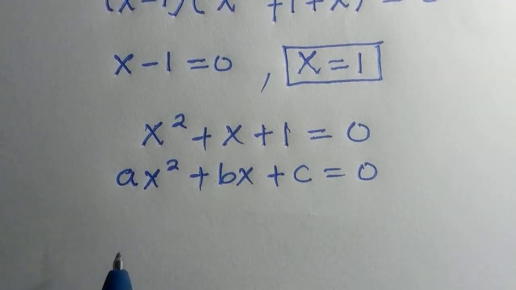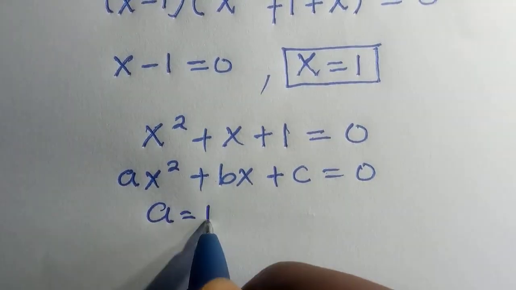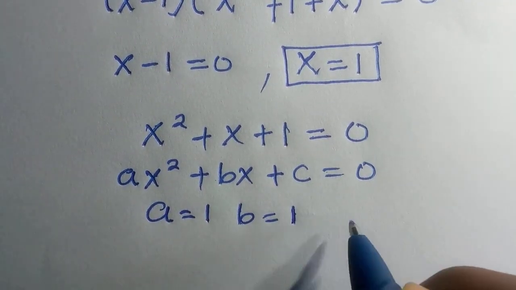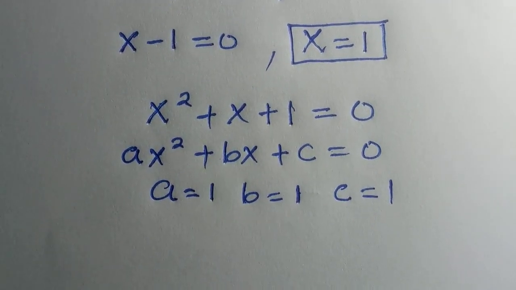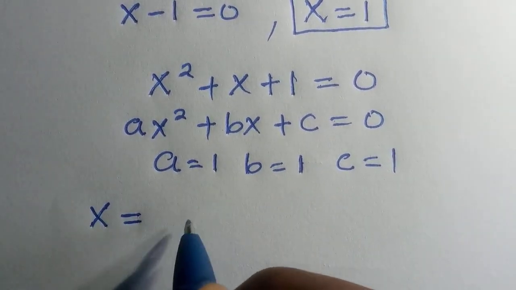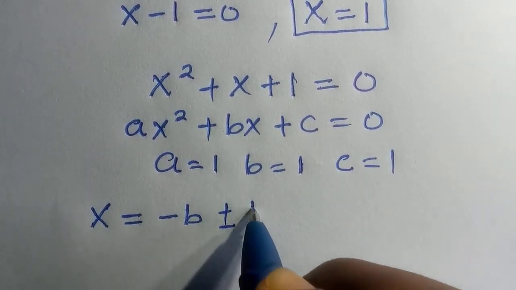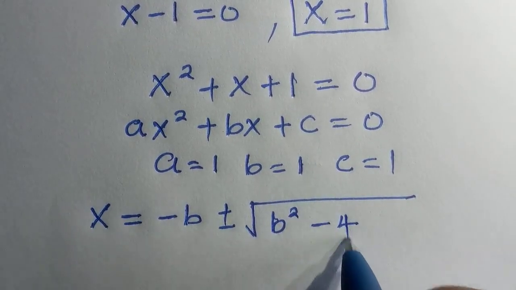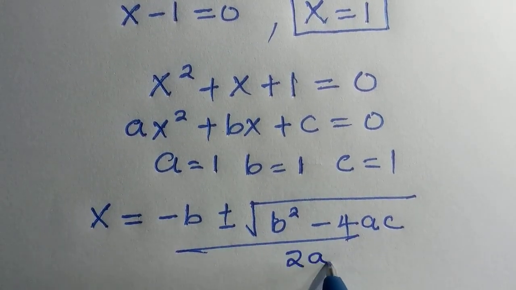The coefficient of x squared, a, is 1, b is the coefficient of x, which is also 1, and c is also 1. So we plug these into the formula x equals minus b plus or minus the square root of b squared minus 4ac, divided by 2a.